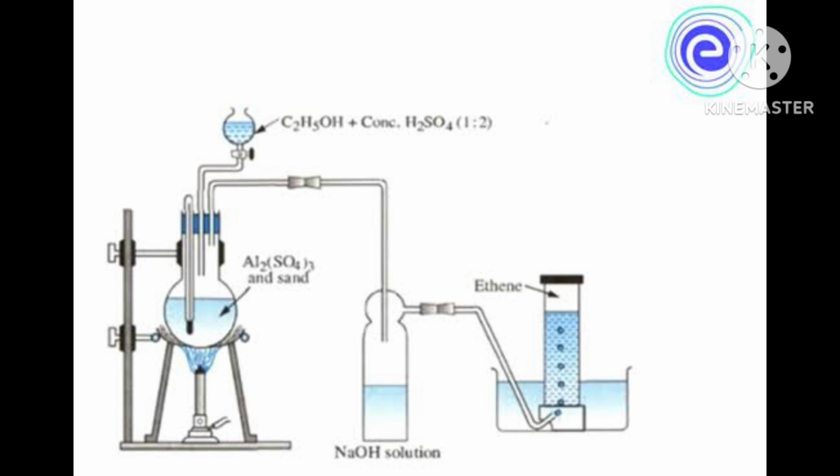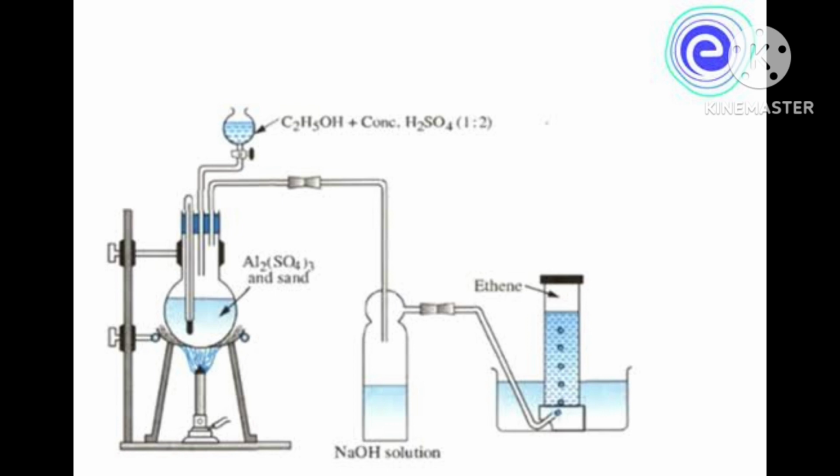Now the third example I am telling you, ethyne. Ethyne is very simple: carbon triple bond carbon with H and H. Acetylene is the best example. Ethyne is also called acetylene gas.